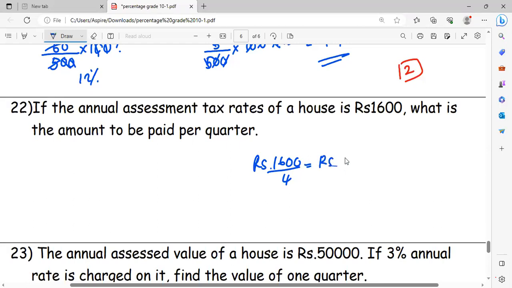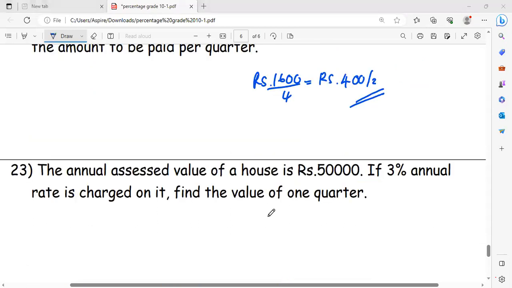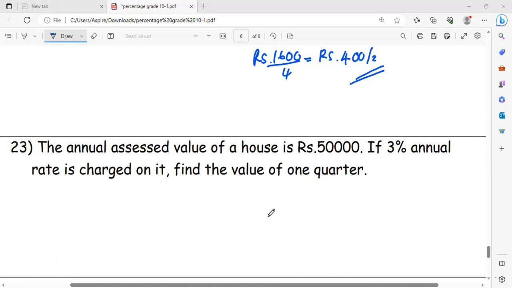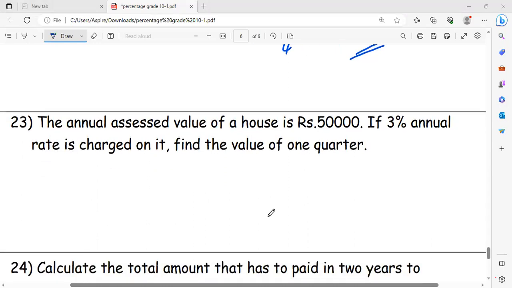Answer is 400 rupees. Yes. 23rd question. The annual assessed value of a house is 50,000. If 3% annual rate is charged on it, find the value of 1 quarter.